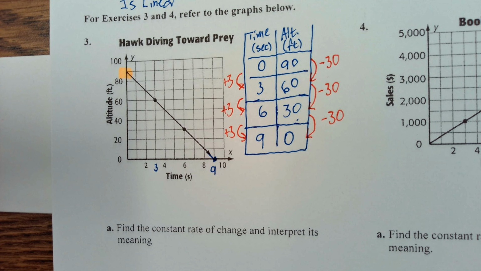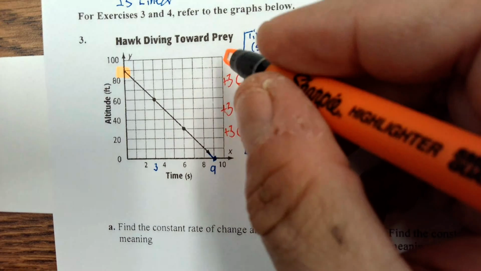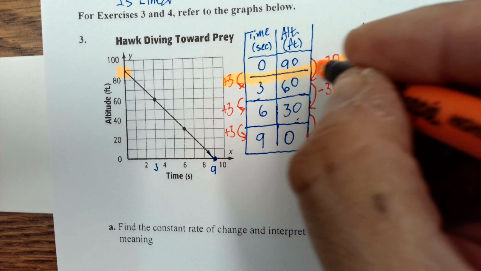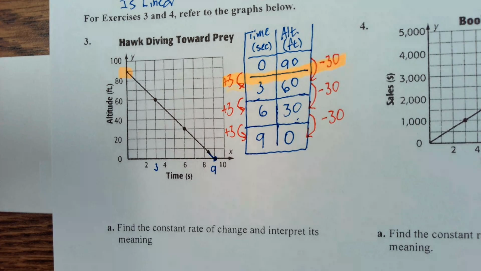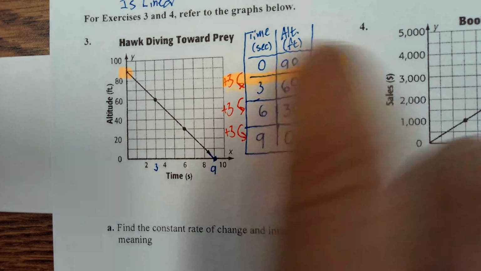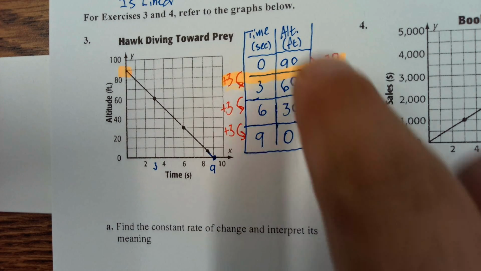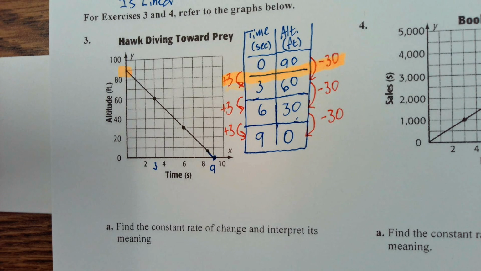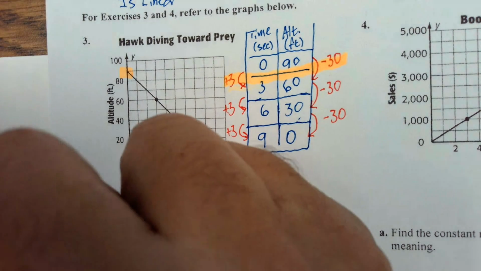So pick any pair. I can pick this pair right here. I'll pick this difference and this difference. Do I want to go seconds per feet or feet per second? Feet per second. So I want to do altitude over time.